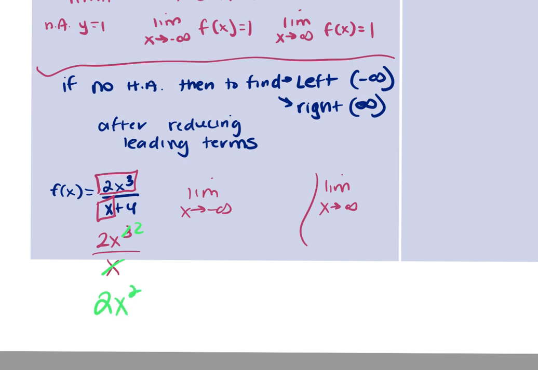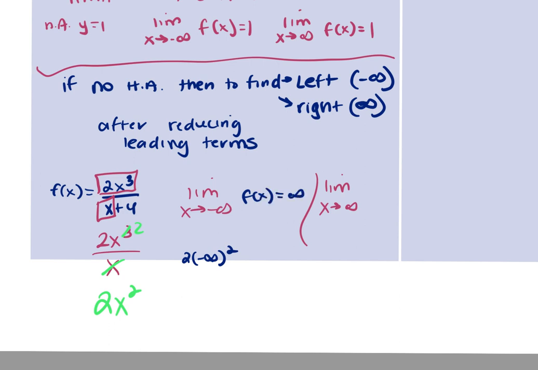And then to find the left-hand behavior, I plug in negative infinity into that, and the right-hand behavior, I plug in positive infinity. So if I plug in negative infinity and then I square it, what happens? It becomes positive infinity, and if I double it, it is still positive infinity. So the limit here is positive infinity.